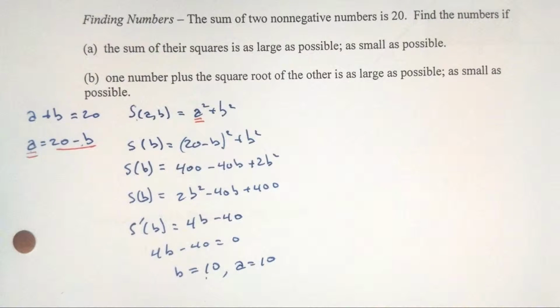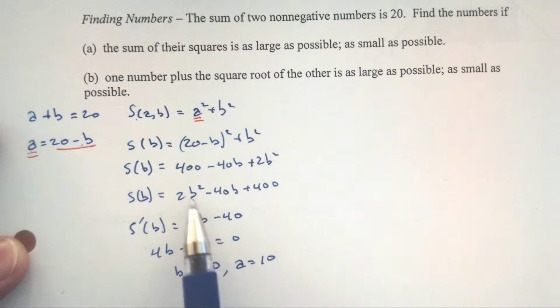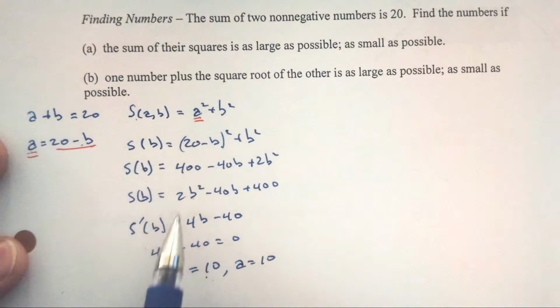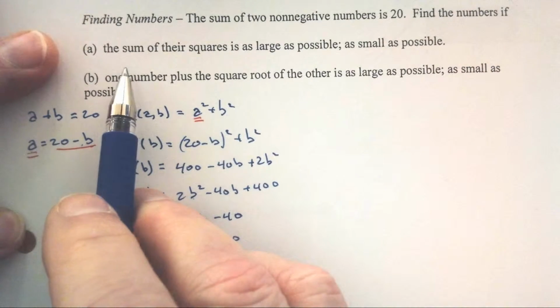What we need to consider for our critical points is where the derivative is equal to 0 and our endpoints, because this was differentiable everywhere. I don't have any other critical points other than that. So this would represent our critical point where the derivative was 0, and the slope is 0 on the original function where it levels off.